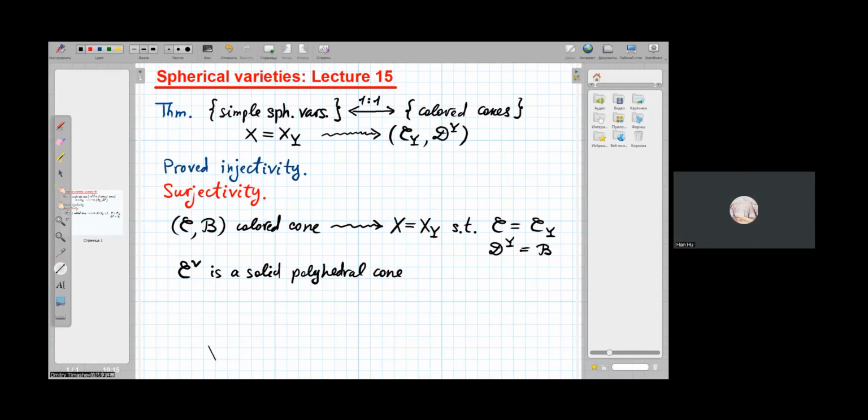For instance, let it be in dimension 2, just for an example. So this is one ray of this cone. This is another ray.